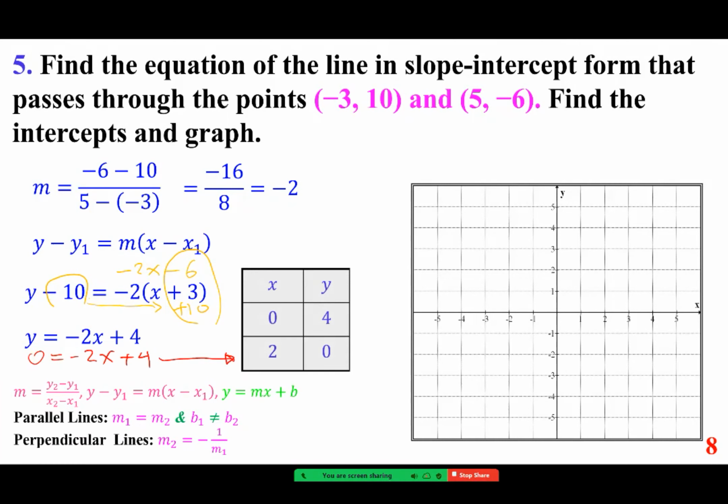So 0, 4 is the y-intercept, 2, 0 is the x-intercept. So 0, 4, 2, 0, connect them.